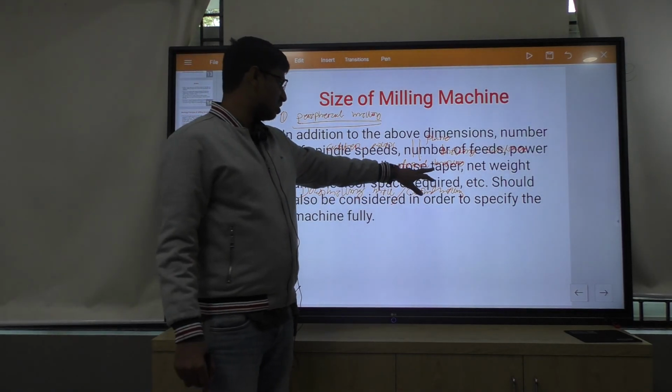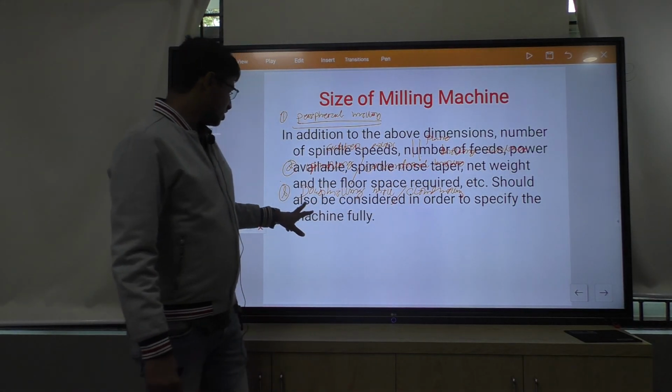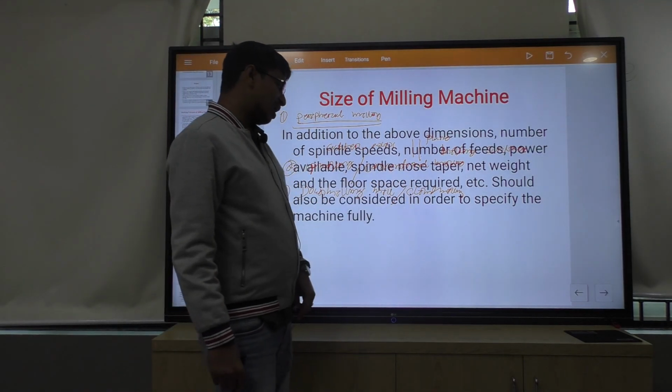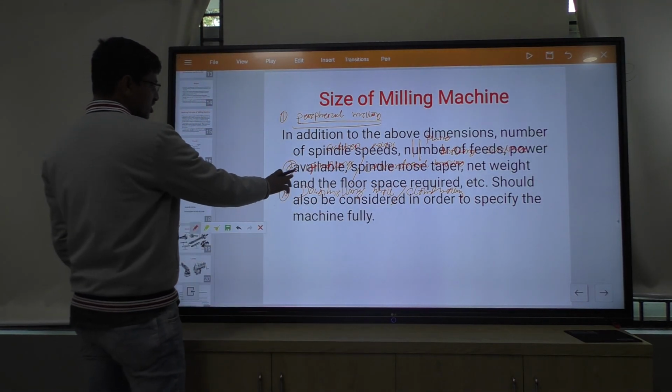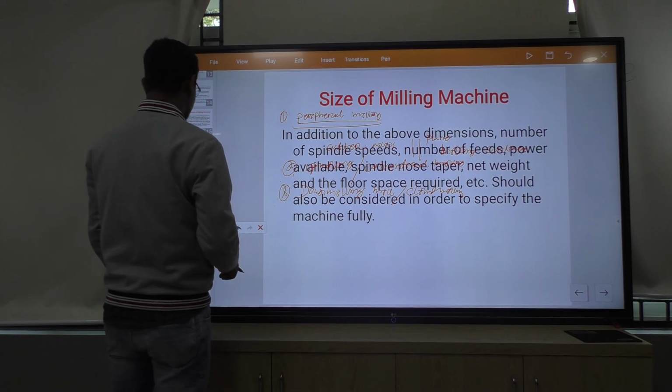First one is up milling or conventional milling. Second one is down milling or climb milling. Peripheral milling means the cutter axis is parallel to the plane milling surface produced. Again we will see these two types: up milling and down milling.